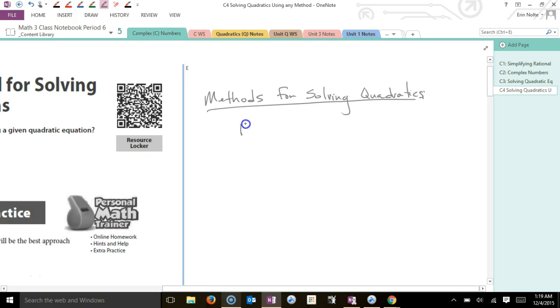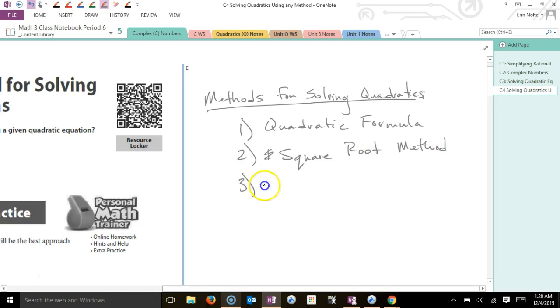Does anybody remember what the 4 methods are? Quadratic formula is one of them. Okay, the square root method. We did factoring.